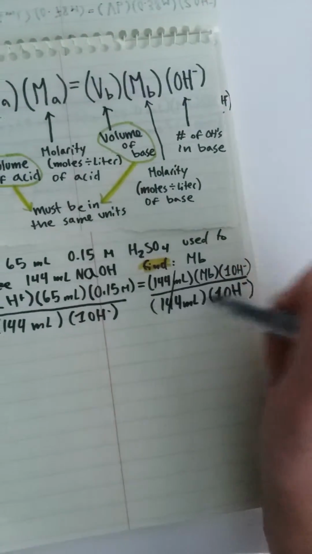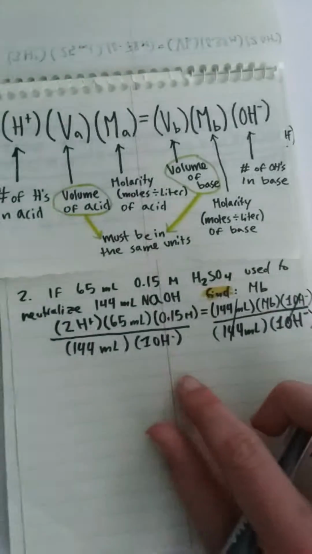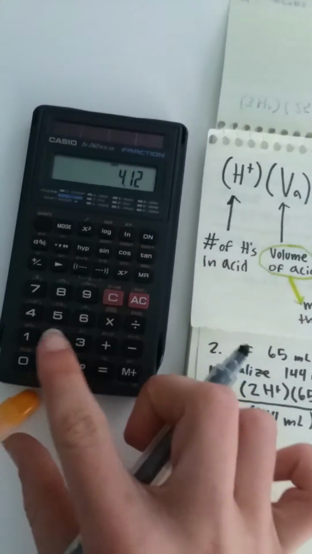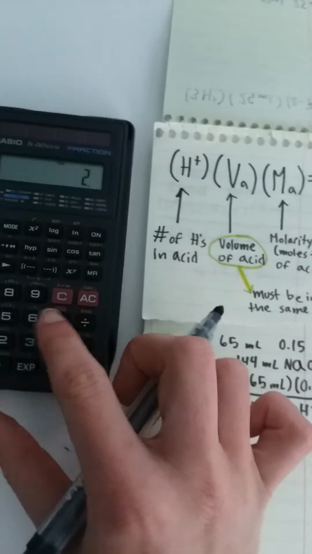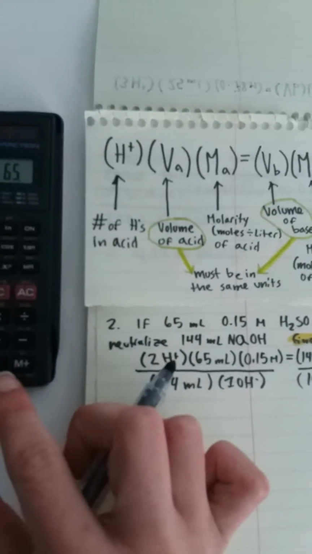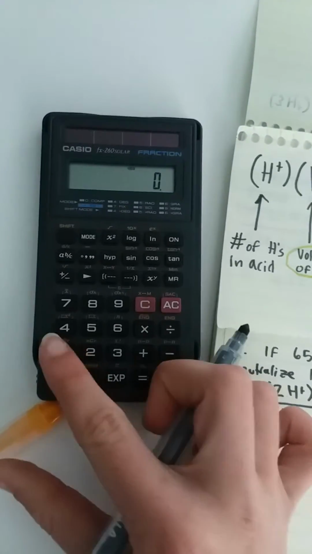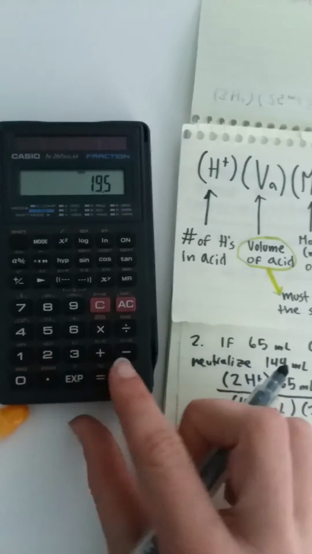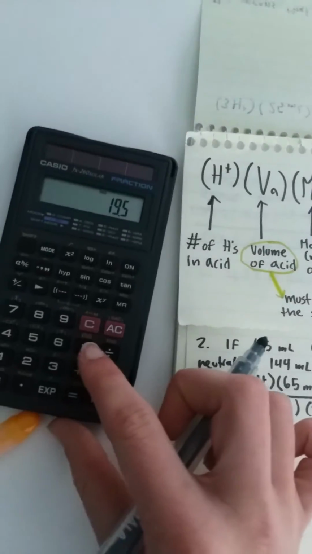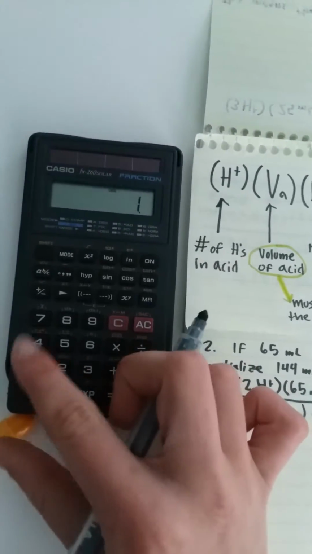And again, that will cancel, that will cancel. Then we just multiply this out. So I'll do 2 times 65 times 0.15. And then we divide by 144.